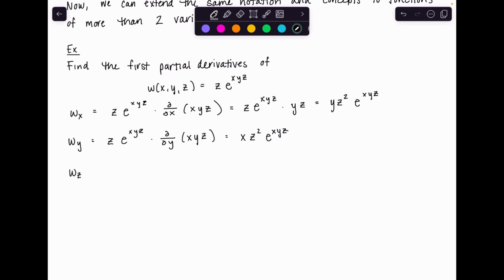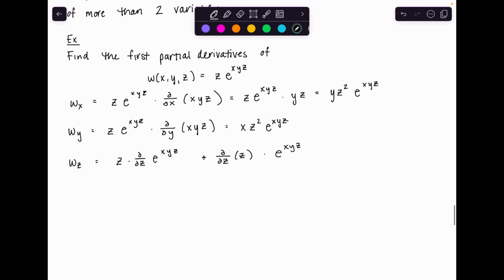And then finally, the last first partial is the derivative with respect to z. So here I'm going to have to do product rule of z times this. So going through that, I keep the first, I differentiate the second, and then I differentiate the first, and I keep the second. Okay. So here, this is z.